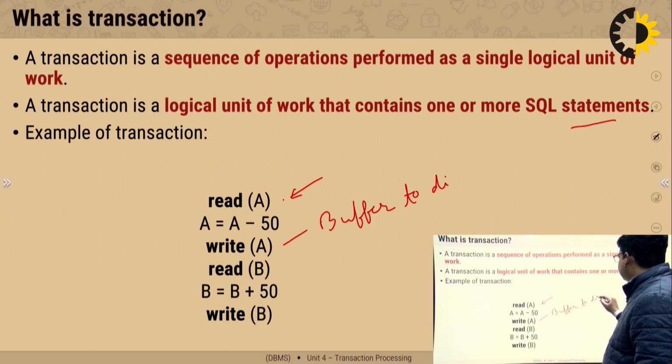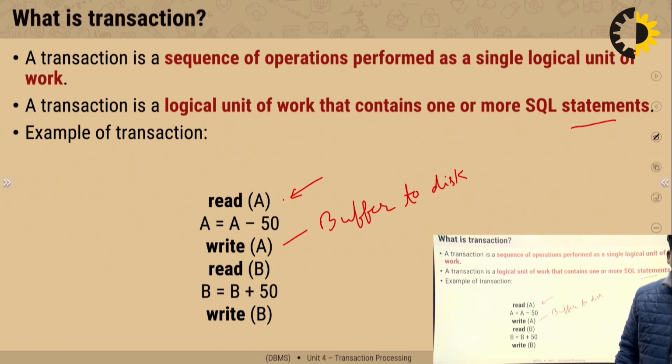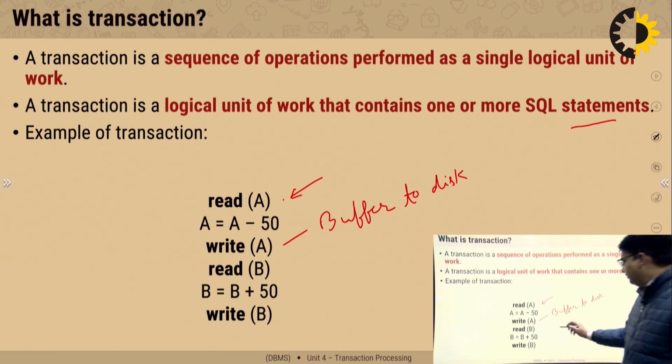After it is written there, the value is changed. Now next is read B. Read B again involves transferring the value from the disk to the buffer.